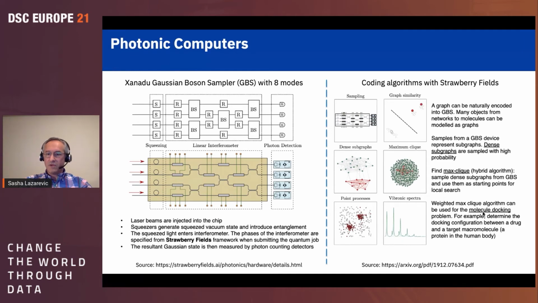So this is one example of how photonic computers can be used for network analysis and molecular analysis, like for chemistry. They are quite promising because they can operate at temperatures which are not close to absolute zero.